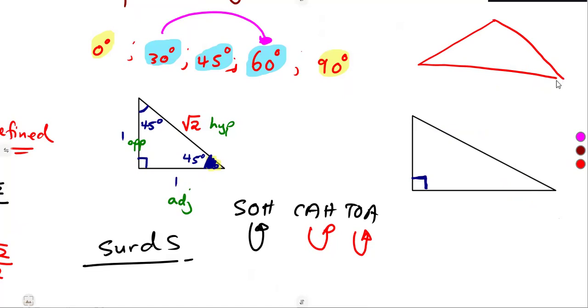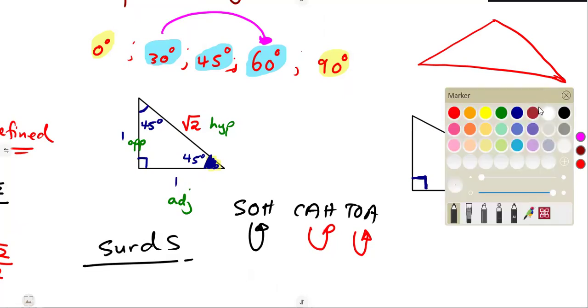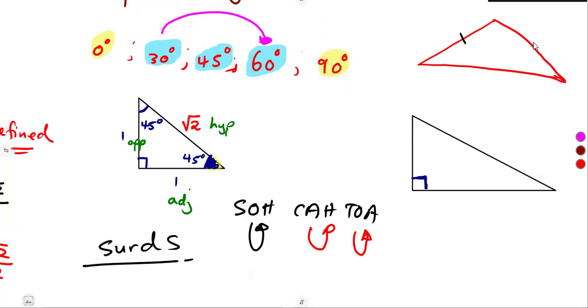Let's go back to this equilateral triangle. Remember the equilateral triangle where all the sides are equal and all the angles are equal. 60 degrees, 60 degrees, that's an equilateral triangle, this one.